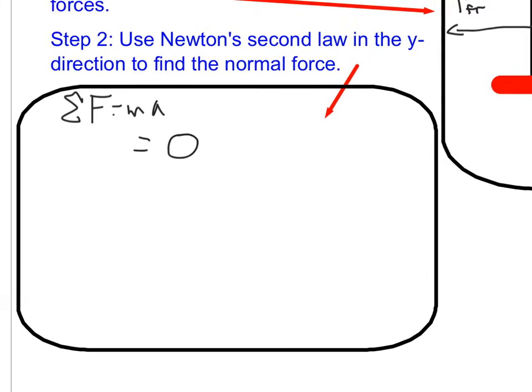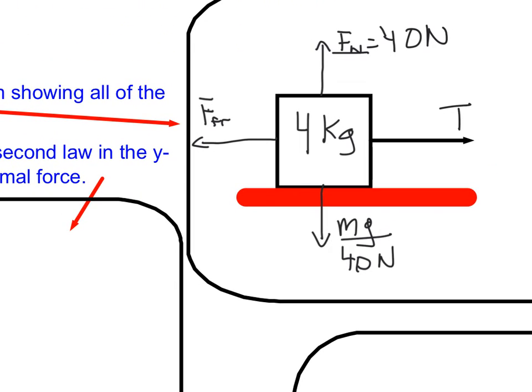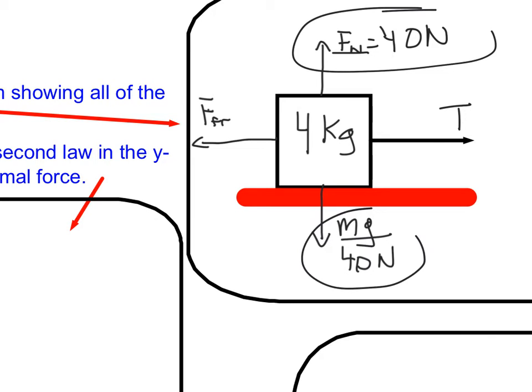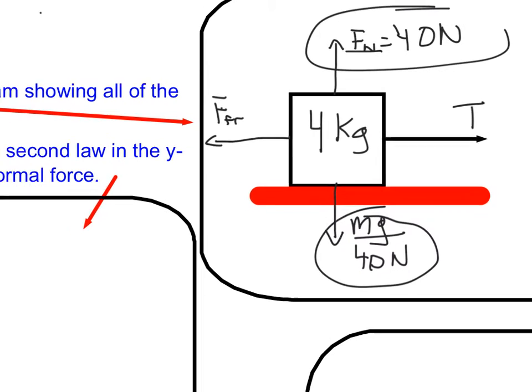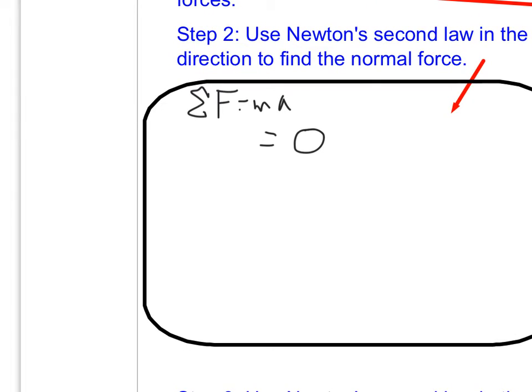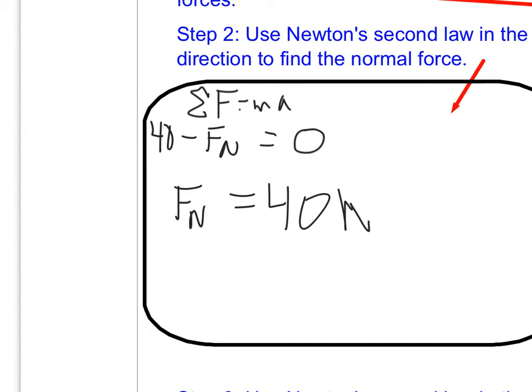On the other side, the sum of my forces is my normal force and my weight subtracting each other. And we're going to pretend that I don't know my normal force yet. I know my weight is 40, that mg minus my normal force, and again, the normal force does in fact mathematically and reasoningly equal 40.